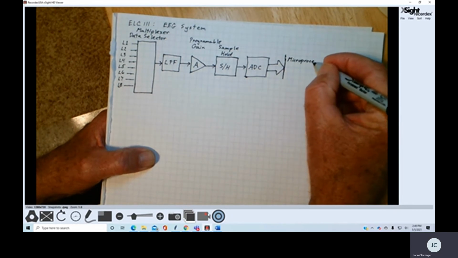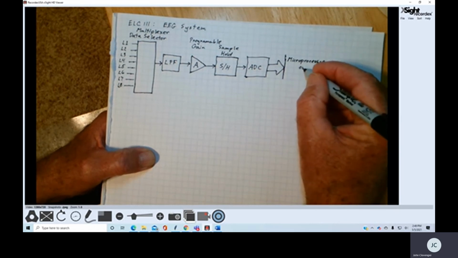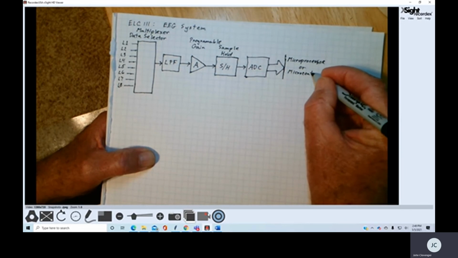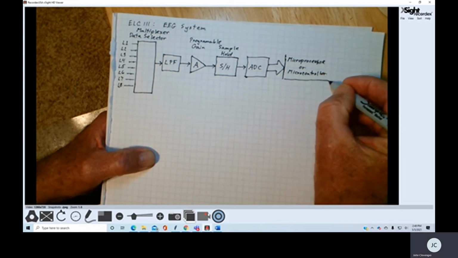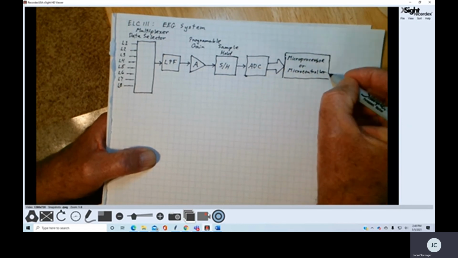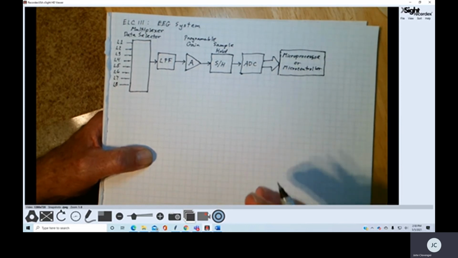Microprocessor, or microcontroller. There we go. And again, the microprocessor or microcontroller is simply the device that we program, and it sends signals out to everybody else to control the operation of the system.